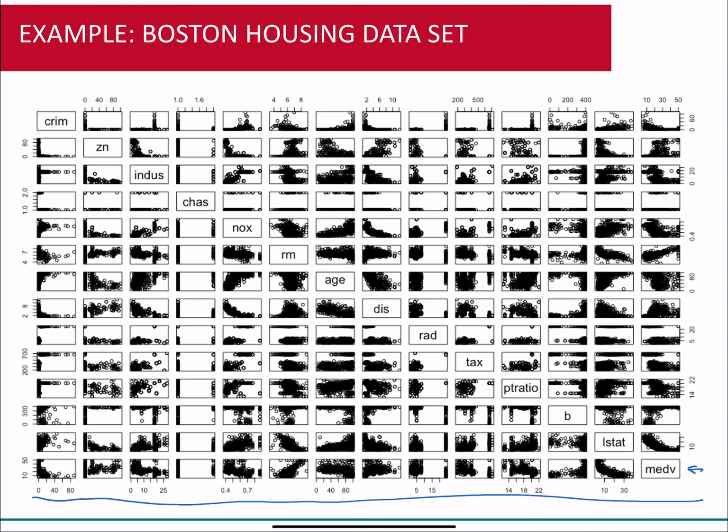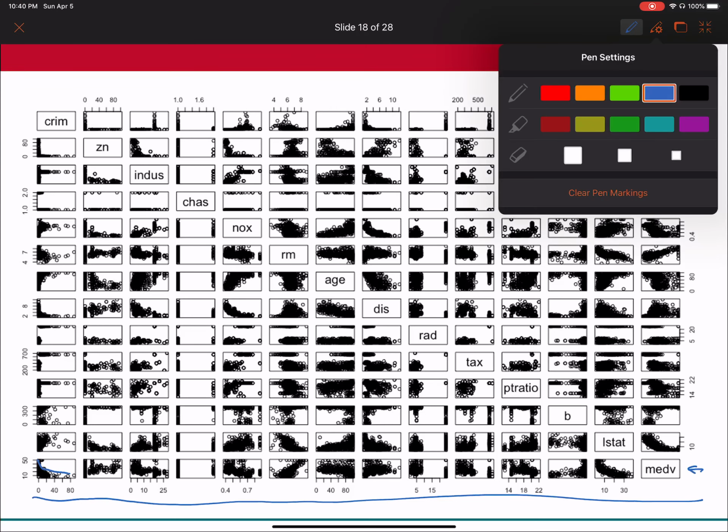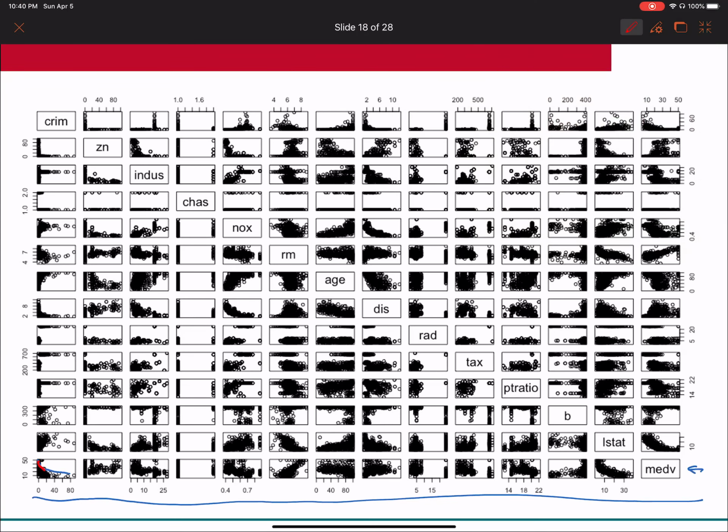So in this case, maybe something like this: the crime rate doesn't look like it follows a linear trend. So you might be thinking of including a quadratic trend in that one, maybe the industry variable, maybe the lower status, the percentage of lower status in the population.